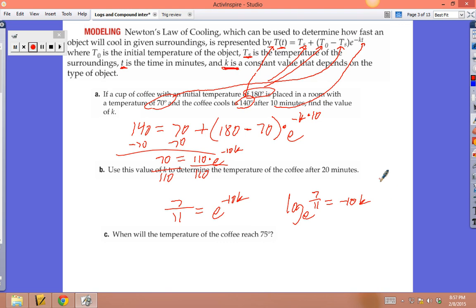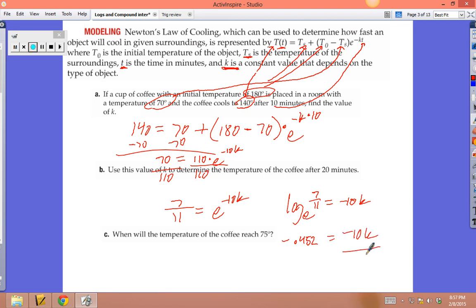So now I just calculate it from here. Log in base e, or you could just do ln, the natural log of 7 over 11, and hit enter. And this decimal, I'm going to round it to approximately negative 0.452.